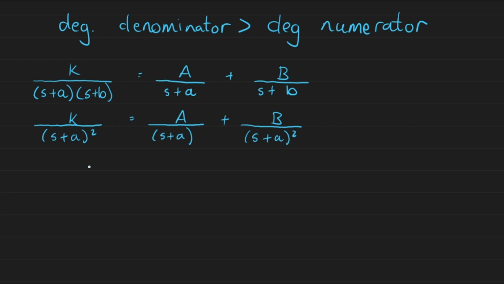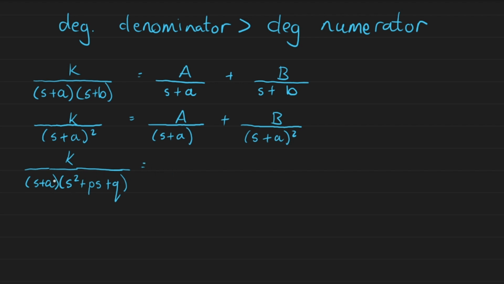So there's just one more rule to be aware of, and that is k over s plus a, times s squared plus ps plus q, where p and q are just coefficients of this quadratic part of this denominator here.